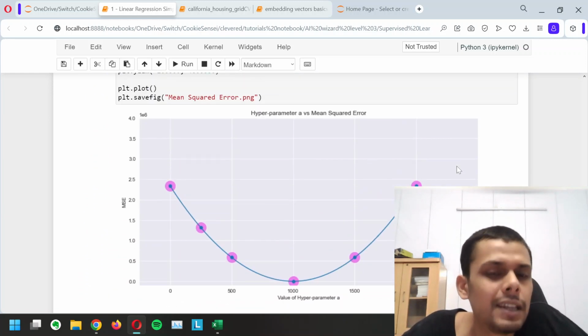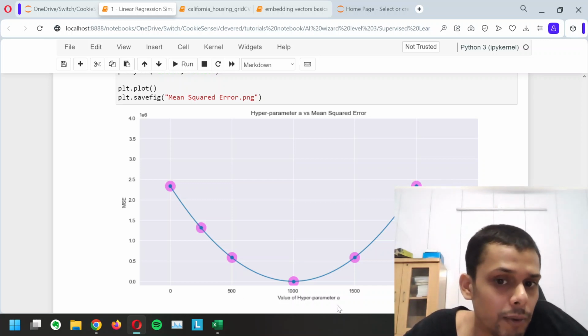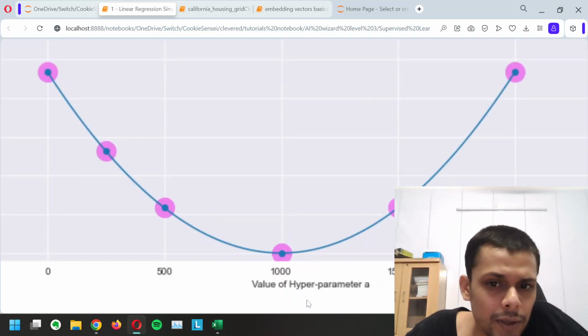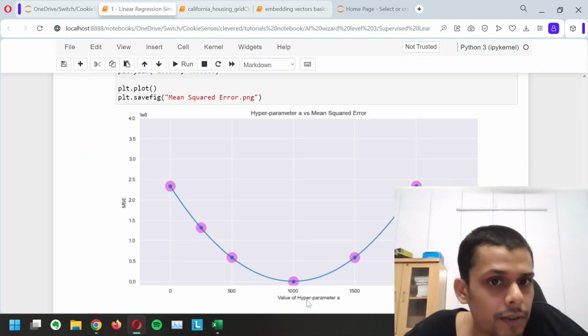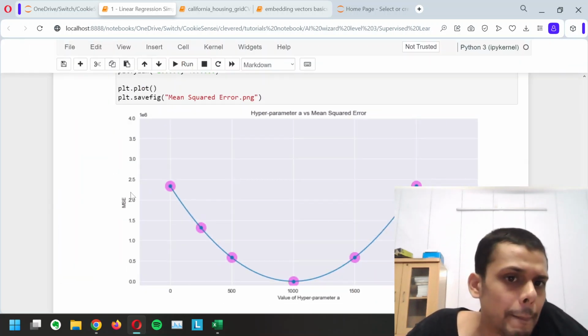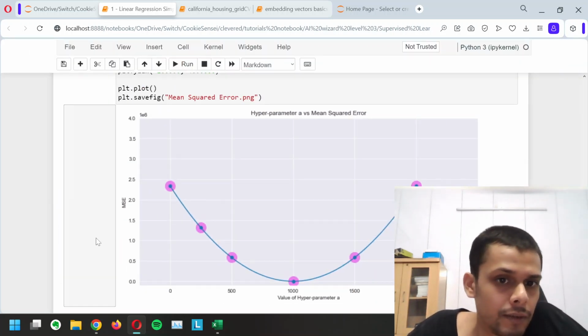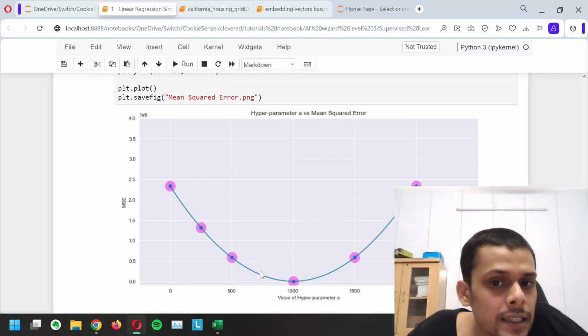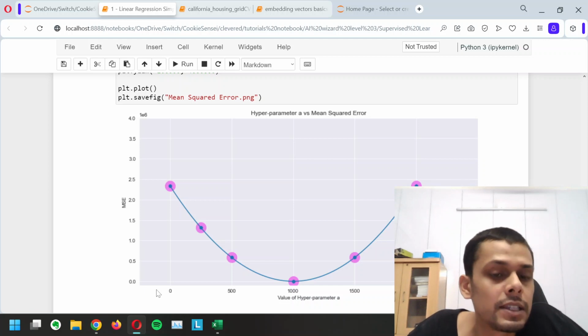And when we finally visualize the error versus the value of trainable parameter A, my mistake, it's not hyperparameters, it's a trainable parameter. When we plot it this way, what we realize is that there exists a value of a trainable parameter where the cost is the lowest.